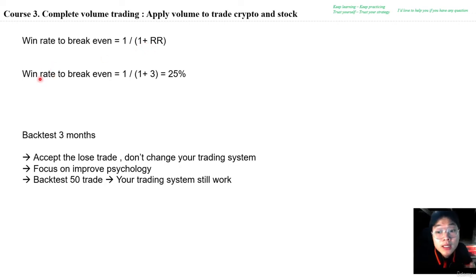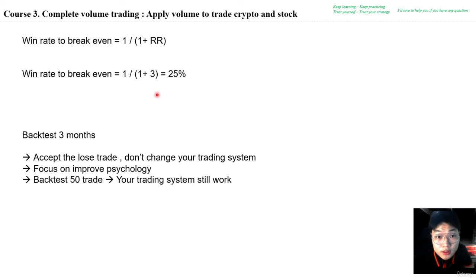Therefore, if we control the reward risk ratio at 3 times, we only need 25% to break even. Therefore, if your win rate is higher than 25% in the market, it means that you are already a profitable trader and also have a profitable trading system or investing system.